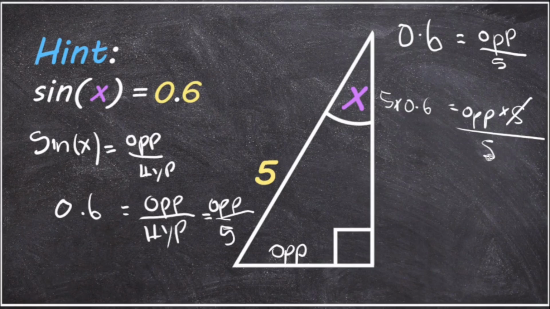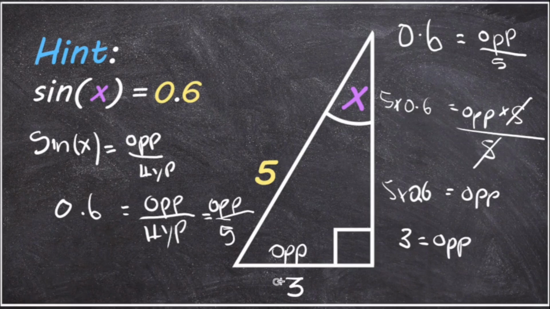The 5's on the right hand side cancel, and so we get that 5 times 0.6 equals the opposite. Well, 10 times 0.6 is 6, so 5 times 0.6 is half that, which equals 3, which means that the length of the opposite side equals 3.